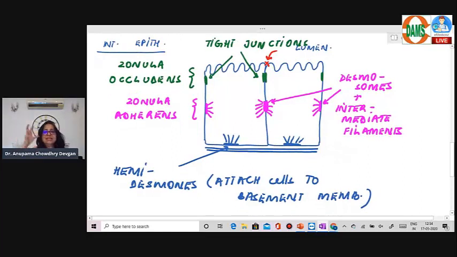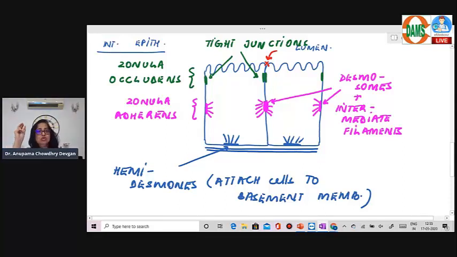Zonula occludens is formed by tight junctions. Tight junctions are formed of proteins called occludins, claudins, and JAMs. Tight junctions do not allow paracellular movement of substances. That means no substances can pass between the cells.